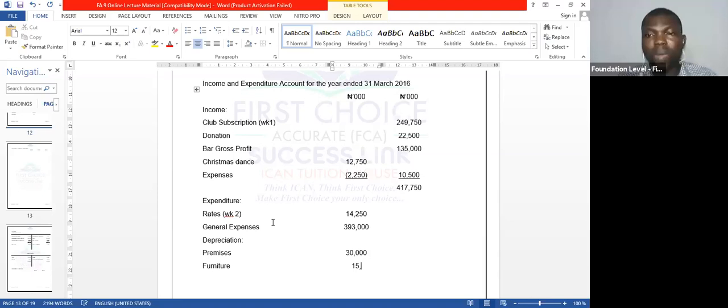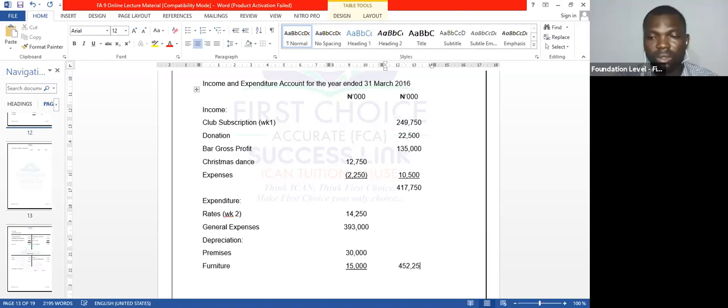So 14,250 plus 393,000 plus 30,000 plus 15,000. That gives us 452,250. Now that we have that, we can now remove it from our income.